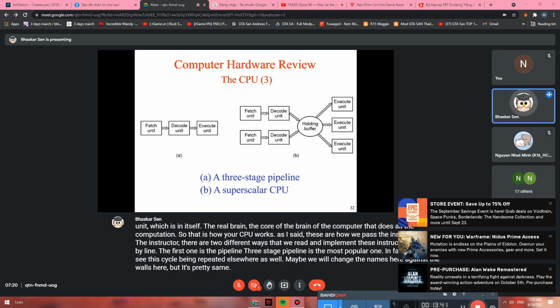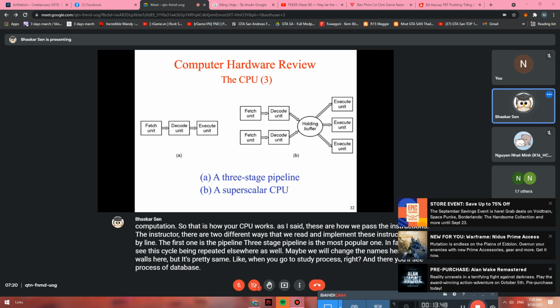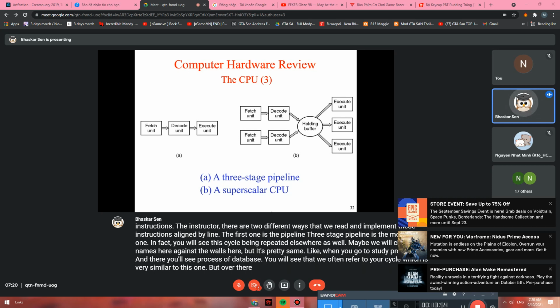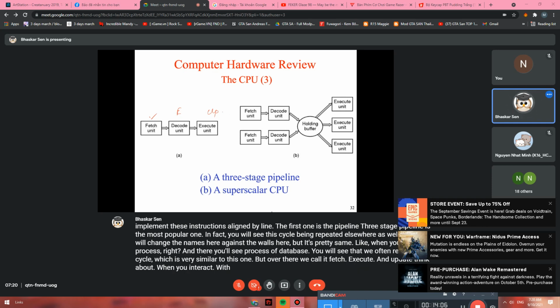Like when you go to study process and database, you will see that we often refer to a cycle very similar to this one, but over there we call it fetch, execute, and update. Think about when you interact with a database.